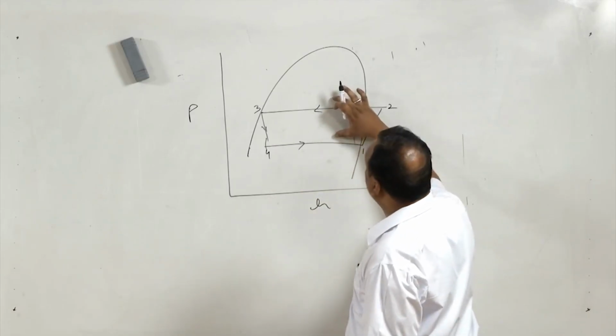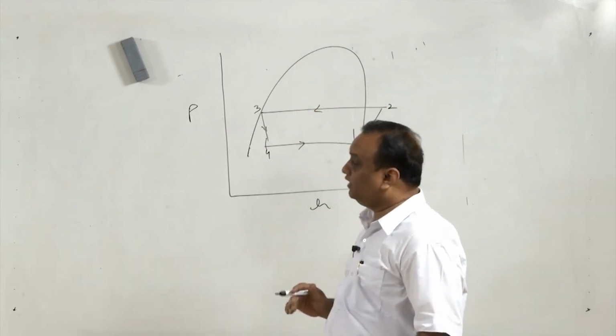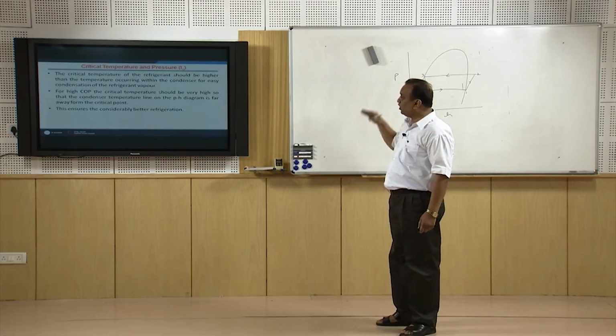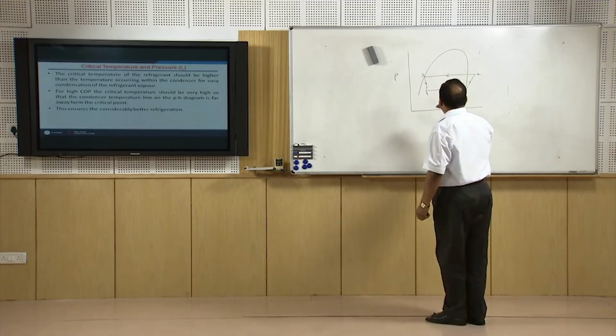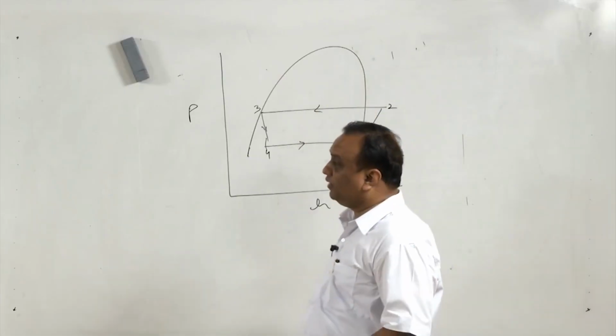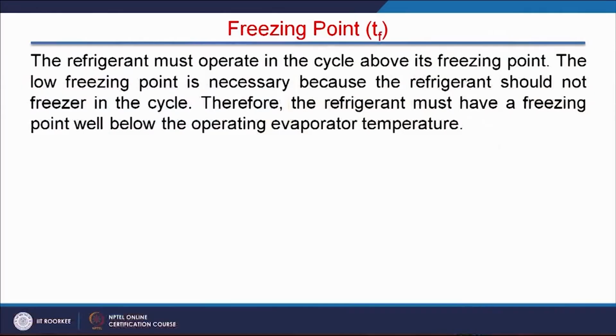If we shift in the upward direction, in that case, the COP of the system will reduce. So, the refrigerating cycle should operate as far away as possible from the critical point. Now, the freezing point of the refrigerant has to be low, because if the freezing point is high, that will also cause problems in the operation of the system.